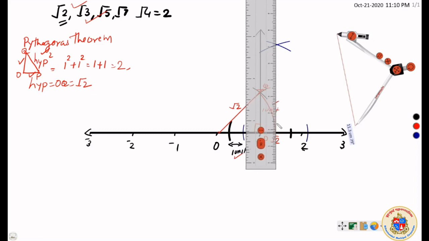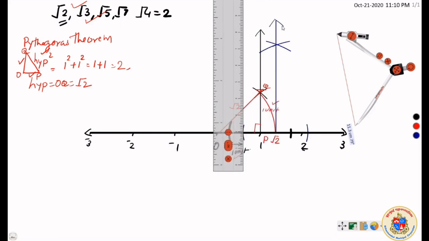You have to bear with me, as I told you, there is some jerk always for this scale. Okay, this is root 2, a perpendicular at root 2.